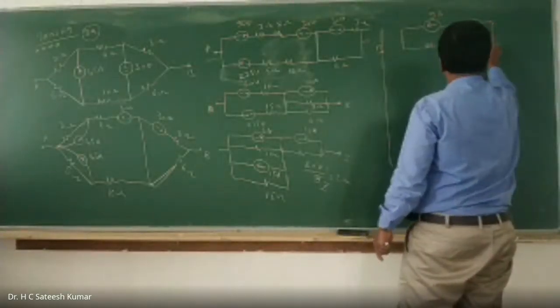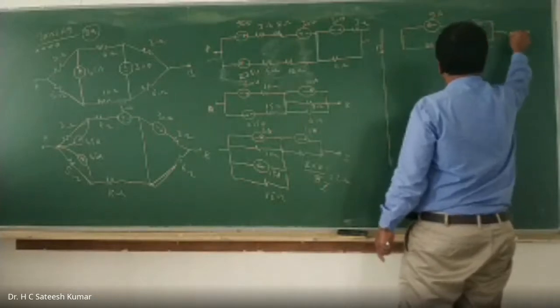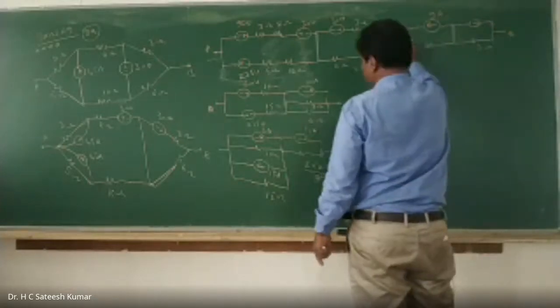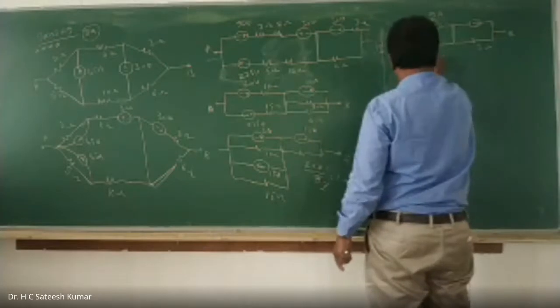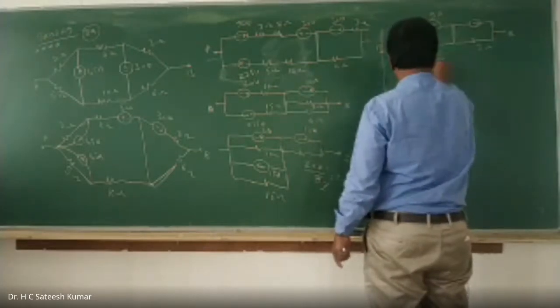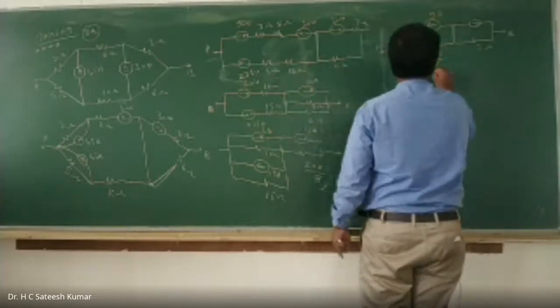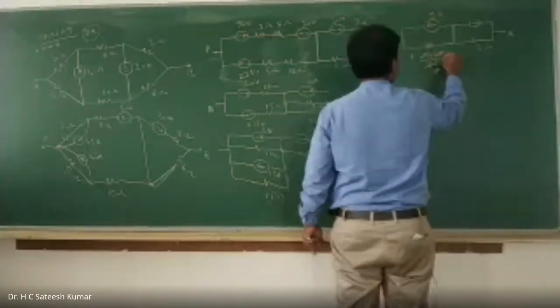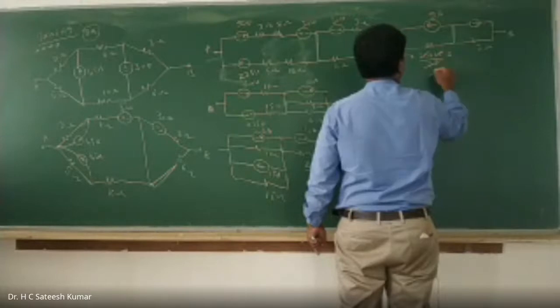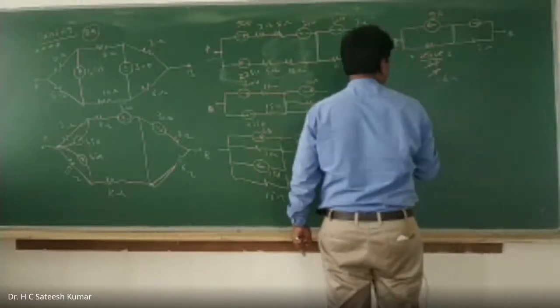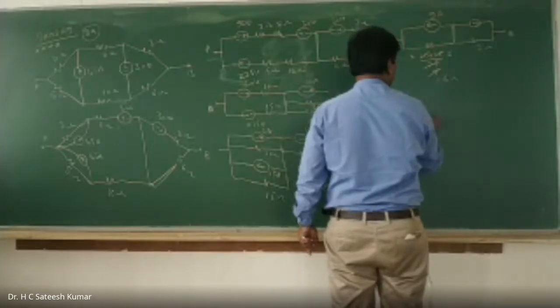This is 2 ohms. B, this is A. So this is 10 into 15 divided by 25. So 2 times, this is 5 times, this is 3 times. So 6 ohms you will get, 6 ohms. So now what is it that we have? Convert it into a voltage source.